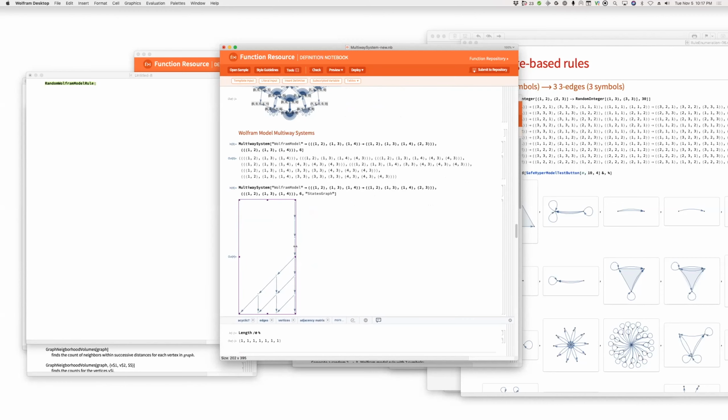Oh, look, those are little tiny, tiny, tiny universes there.